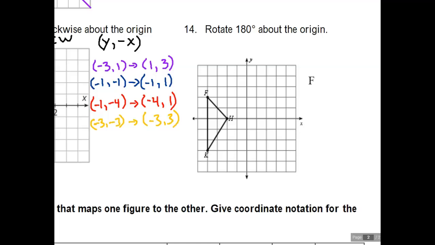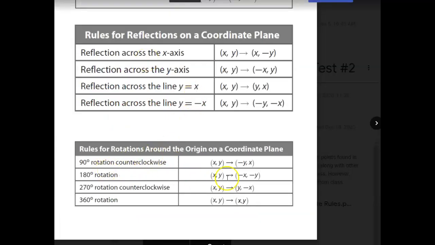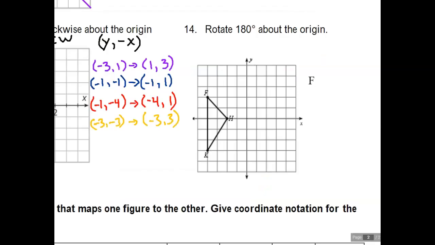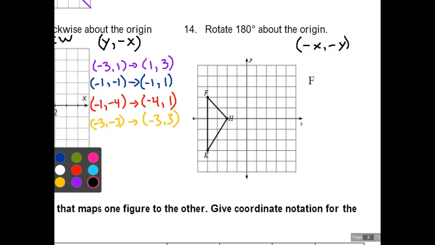If we want to use the rules, 180 is -x, comma, -y. Basically just change the signs of both x and y. So we got -x and -y. All right. So f looks like it's -4, +2.